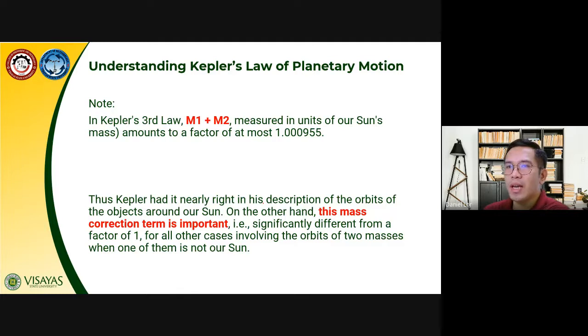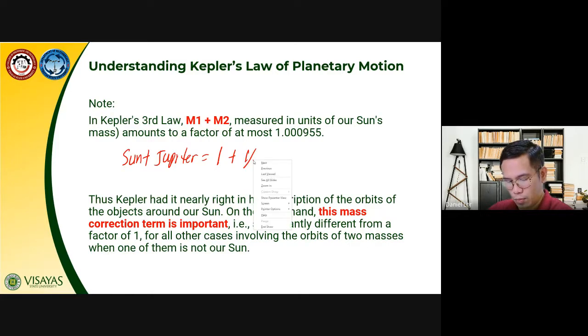So this is what I discussed earlier. In Kepler's third law, mass 1 and mass 2 measured in units of our Sun's mass amounts to a factor of at most 1.000955, given that the mass of the Sun plus the mass of Jupiter is equal to 1 plus 1 over 1047.